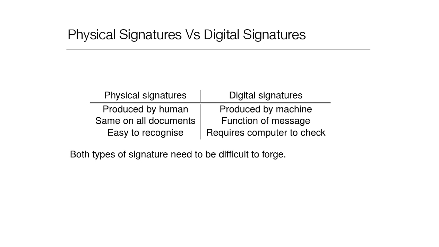Only the people who have training for signing can sign it. So we can expect that only the owner of the signature can write that signature. In this case, this is a mathematical operation and it should be difficult to forge.